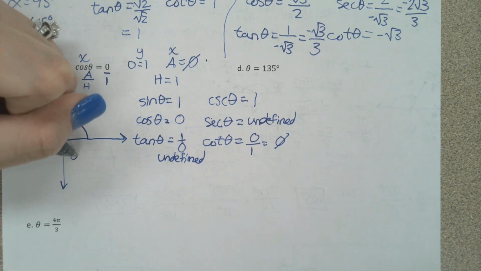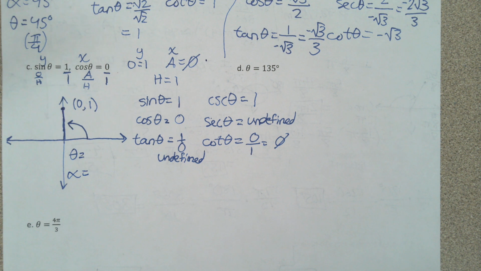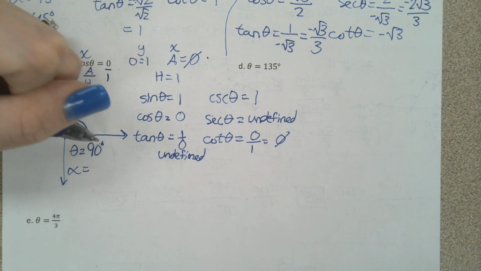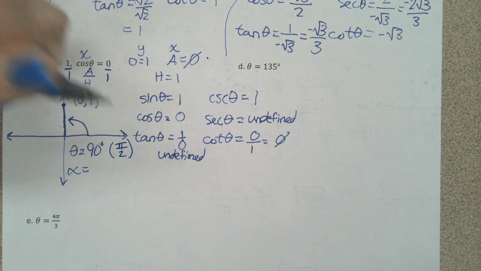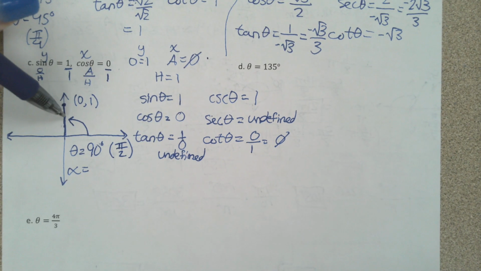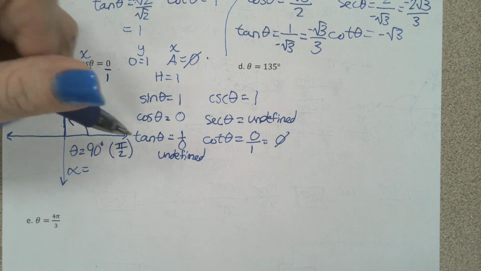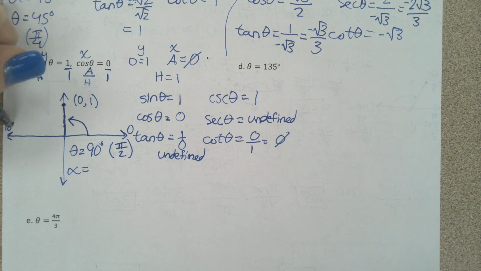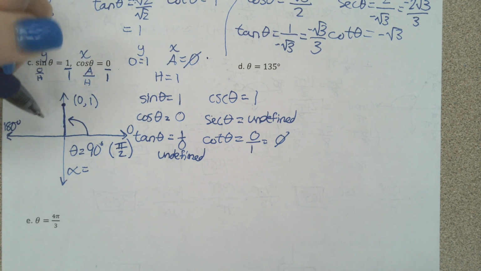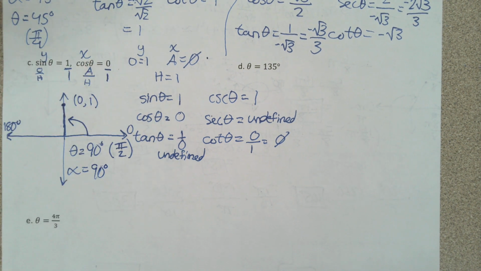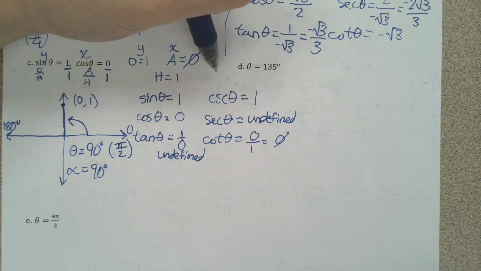I knew I was forgetting something. So theta here, this is 90 degrees, also known as pi over 2. And then alpha is equidistant from both parts of the x-axis. It's 90 degrees away from both. So alpha here is also 90 degrees, also pi over 2, if we were able to put it in radians instead of degrees.